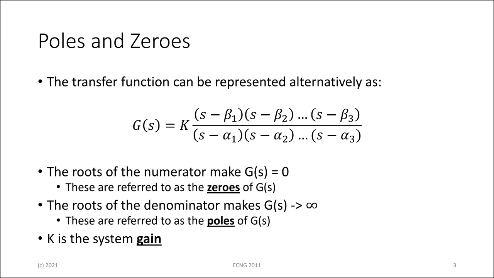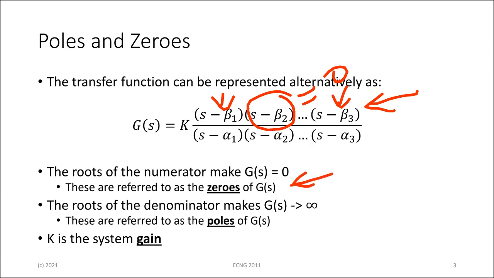So in the case of the numerator, the roots of these numerators, every time you set s equal to any one of these values, so if I set s equal to beta 2, it means that s equal to beta 2 would make this particular thing equal to 0. So in other words, setting s to any of the roots of the numerator, because it makes the numerator 0, we call those particular roots zeros. Yeah, really original.